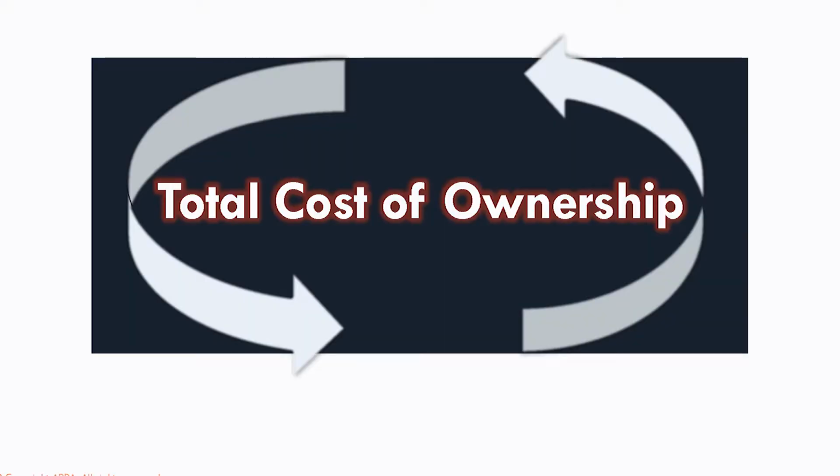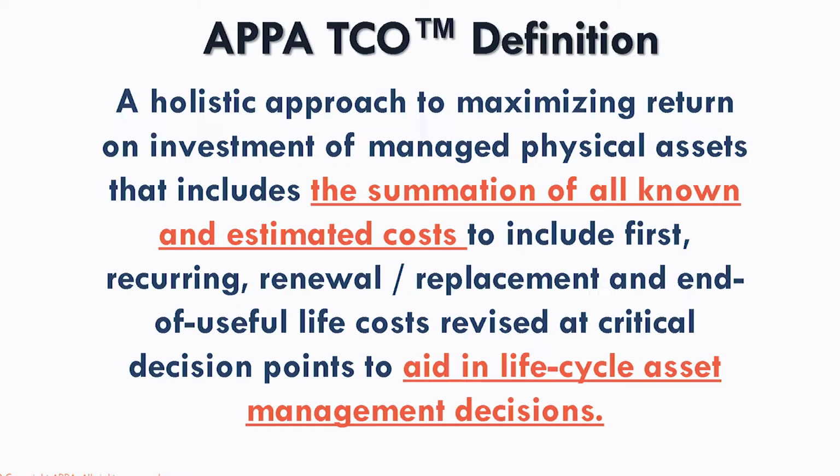So I'm offering another tool for you, total cost of ownership. So what is it? Here's the very long definition that we came up with, and if you go to public review, you can tell us how long it is and how crappy it is, if you would like. But I have broken it down into two sections. The first section is the summation of all known and estimated costs. Total cost of ownership, by definition, is a summation of the costs.